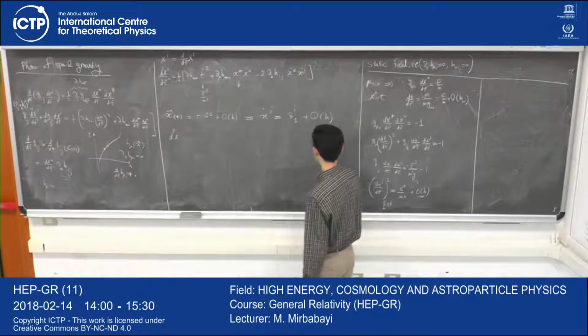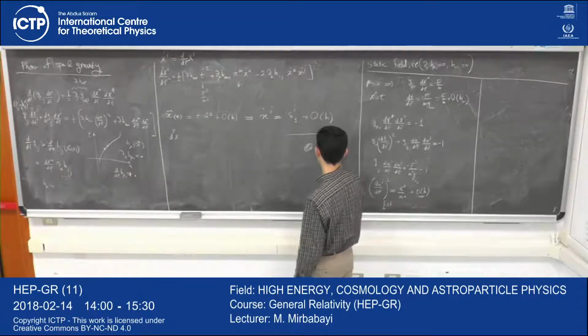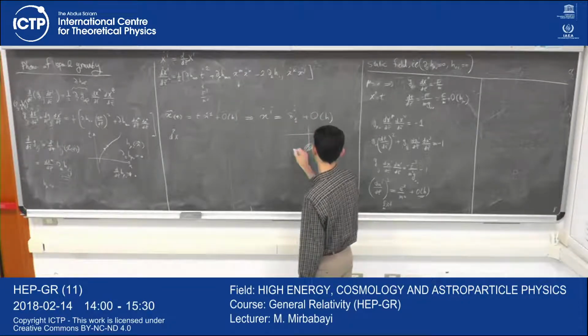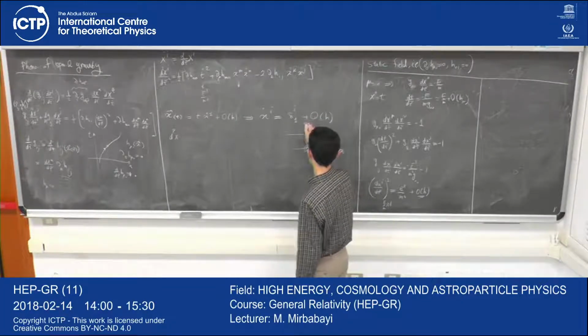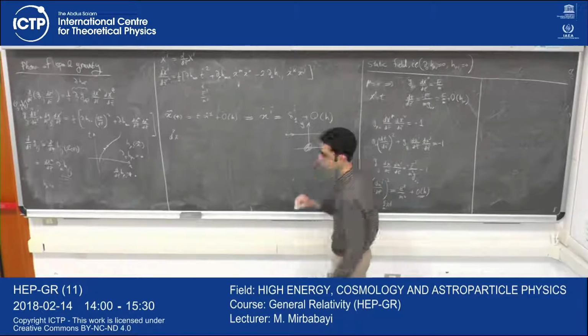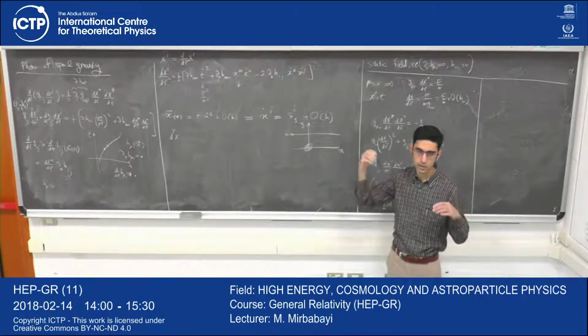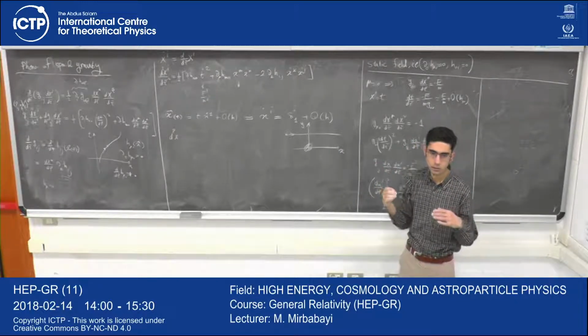Right, so imagine I'm considering some scattering problem, then this is x and this is y. I'm talking about the trajectory which moves along x, but in the field it will be perturbed.